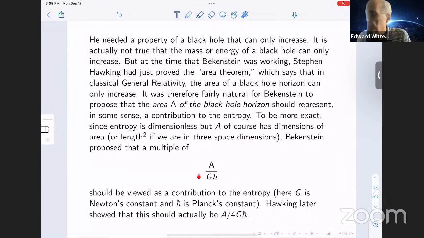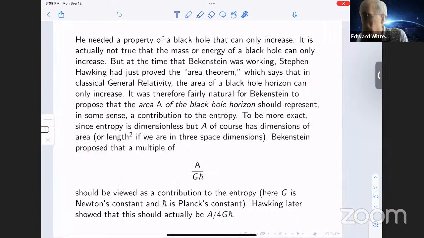For example, if you have a black hole with the mass of the sun, its entropy is 10 to the 20 times bigger than the entropy of the actual sun, according to this formula. Bekenstein did not know the overall numerical constant in this formula. Hawking later showed that the correct formula is area over 4G h bar.